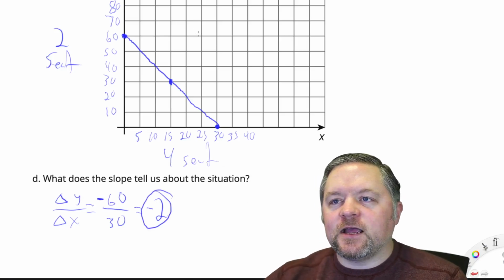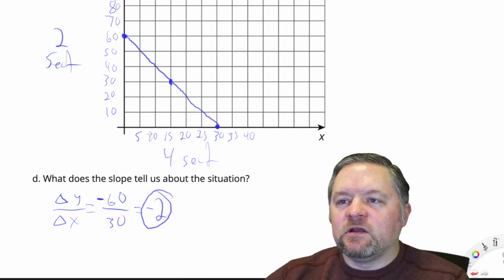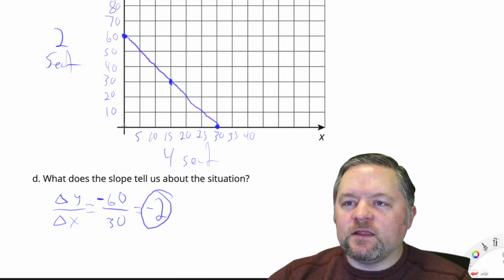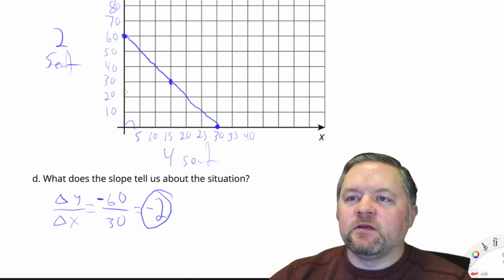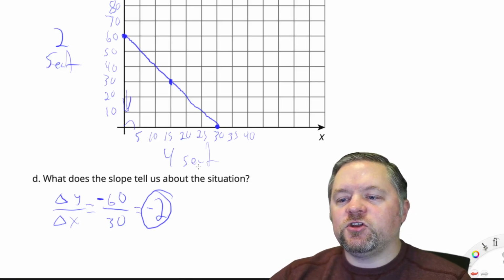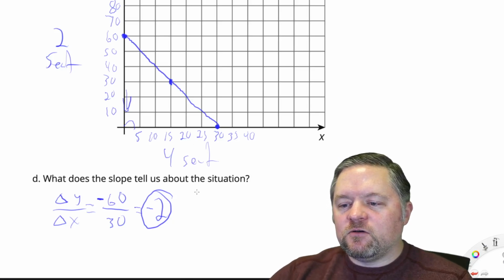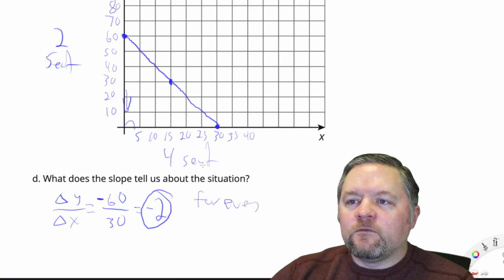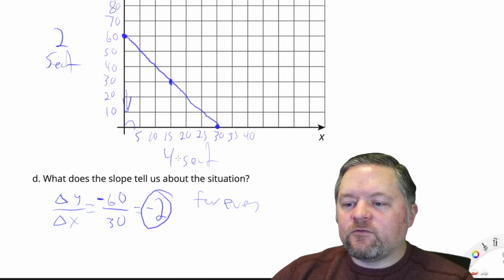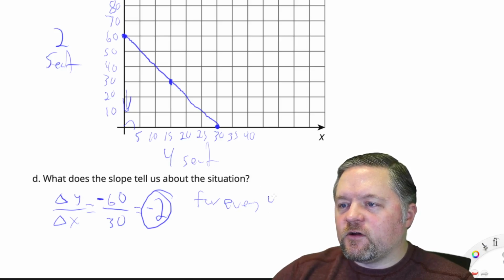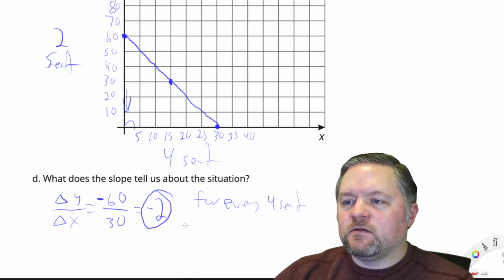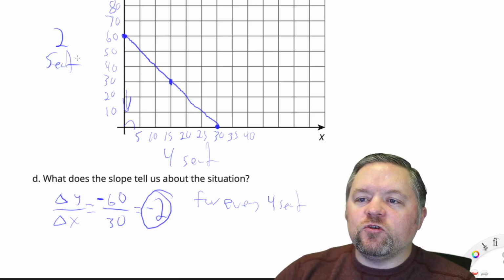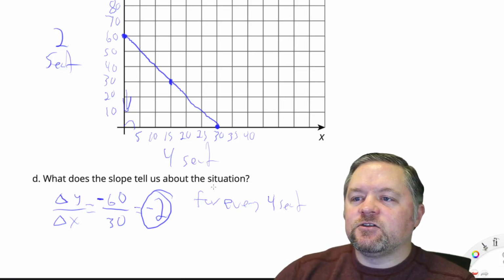What does the slope tell us about this situation? Well, it tells us for every 1 that we go this way, we go down 2. So for every 1x, so for every 4-seat, we have 2 less 2-seaters.